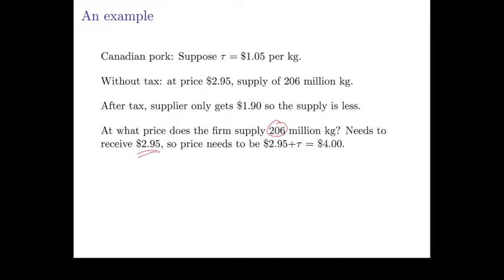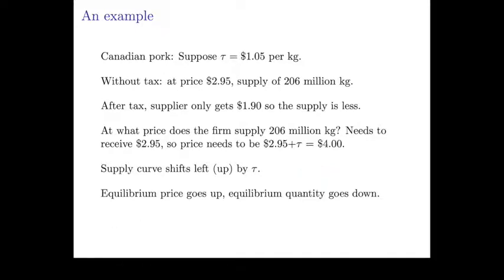So the price that the consumers pay would have to be $2.95 plus the tax. When the government takes its cut, the firms still receive $2.95. In other words, the price paid by the consumer would have to be $4. So this is going to cause the supply curve to shift upwards by tau dollars.